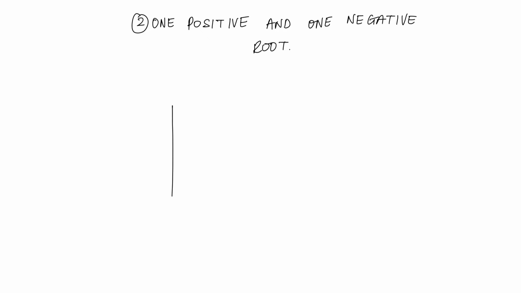For example, if I have a function like this, the function is said to have a positive root and a negative root because it's going to have an x-intercept that is positive, say 3, and another root that is negative, say negative 3.